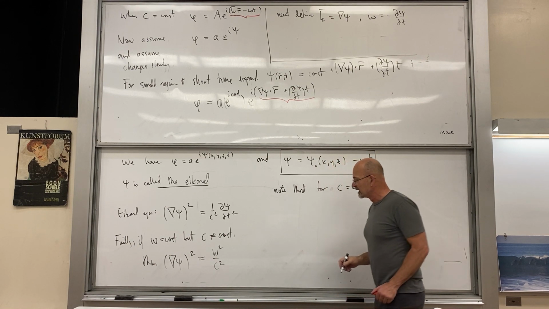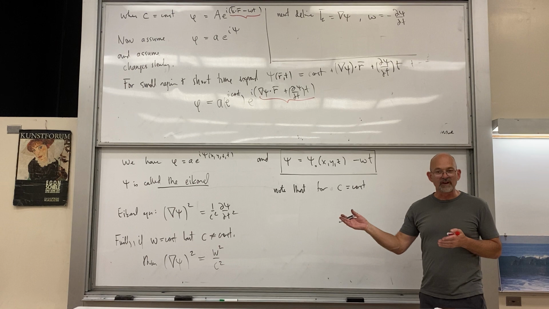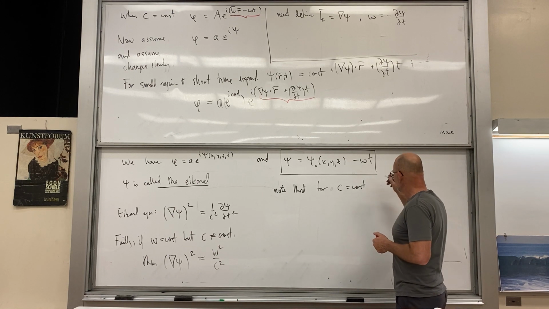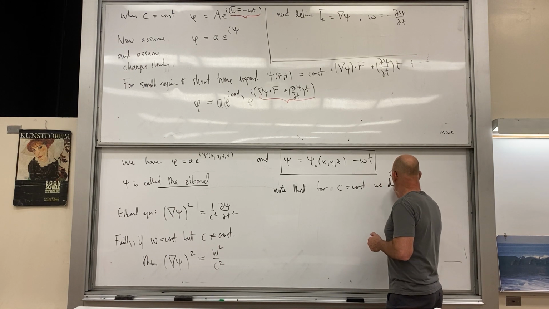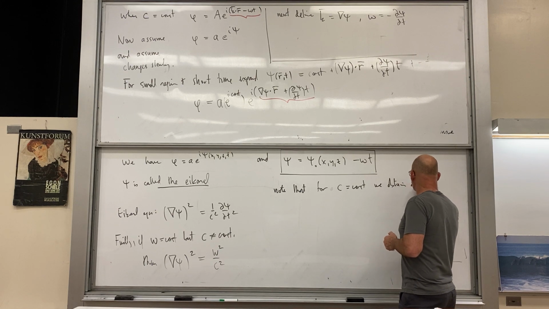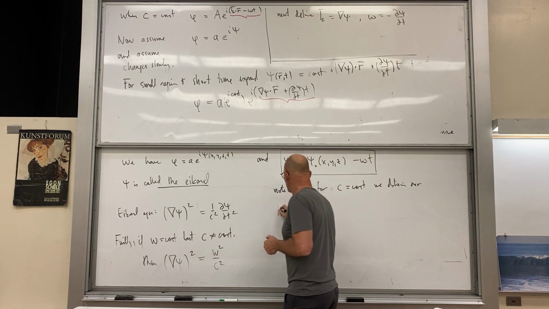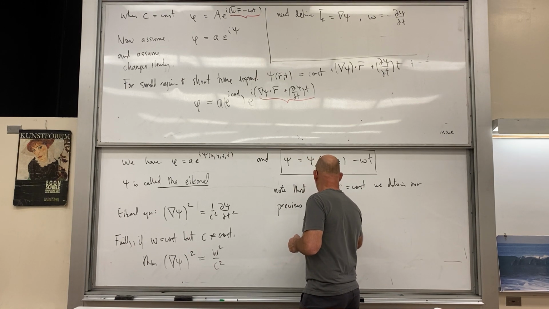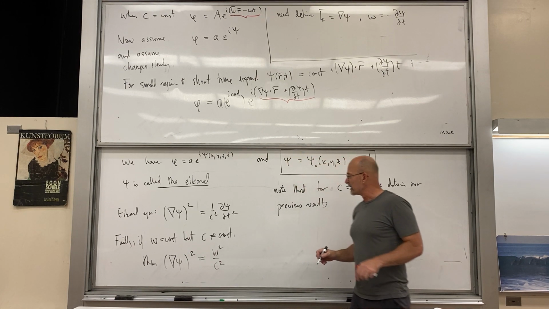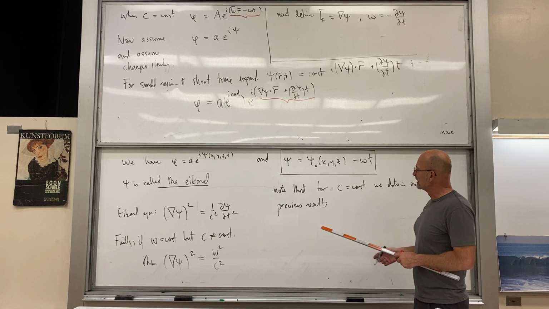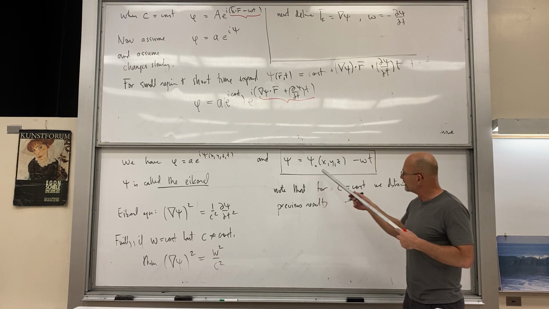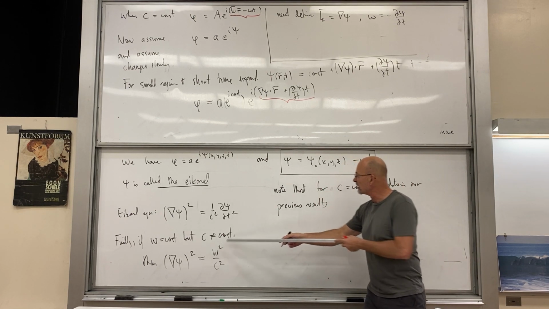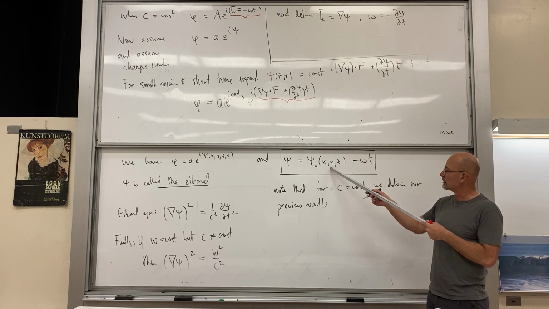If C is constant, we're back to what we have just studied. We obtained our previous results. But if C is not equal to constant, then we actually have to solve this differential equation here, and there's a relation as well.